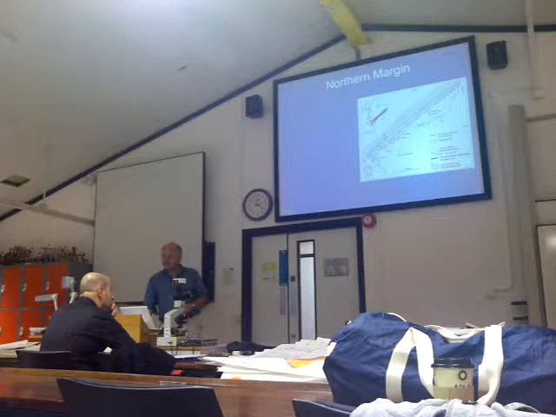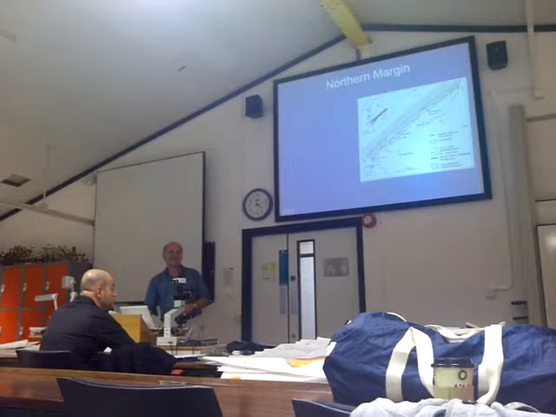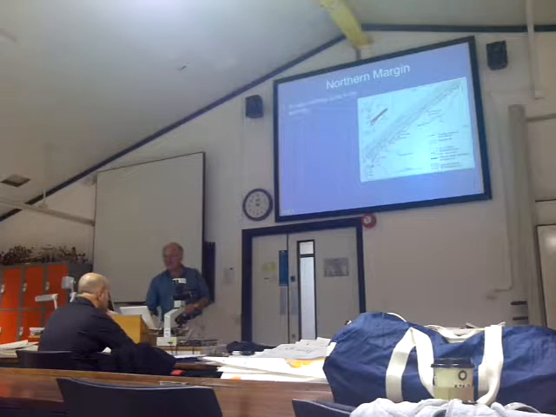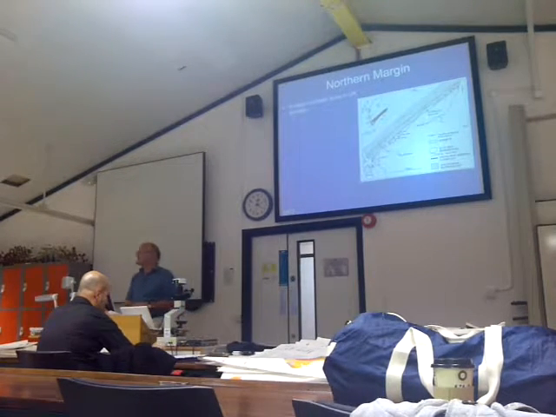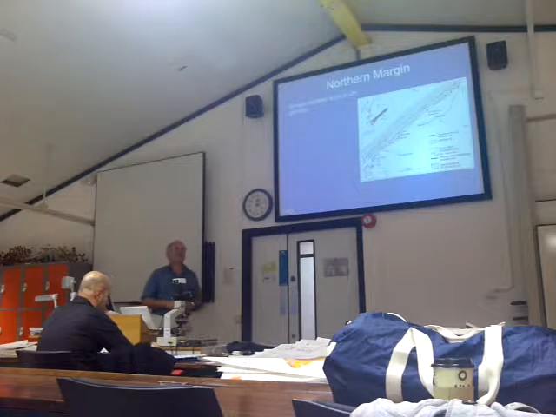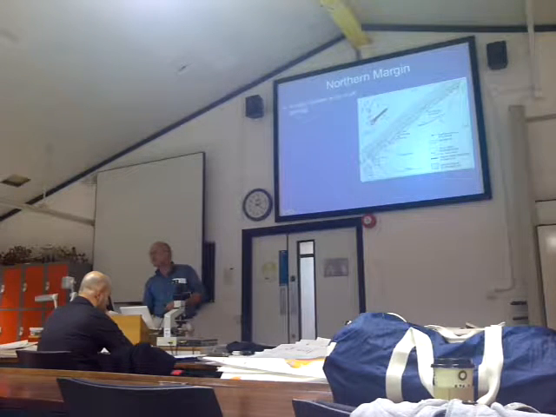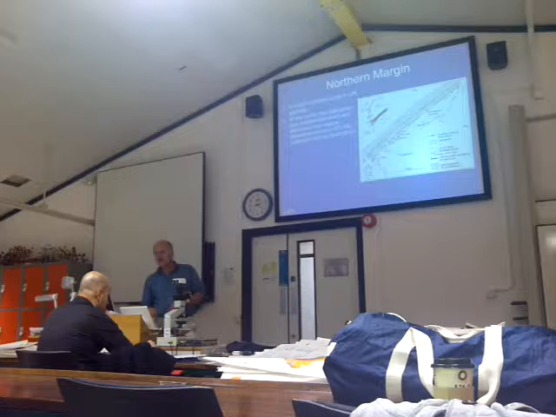So here's a schematic of the northern margin with the Highland Boundary Fault. And notice what happens down here. It gets dashed as it approaches Arran. This is the biggest contrast zone in the geology of the UK, from the metamorphic mountains to the north to the sandstones in the northern Midland Valley.